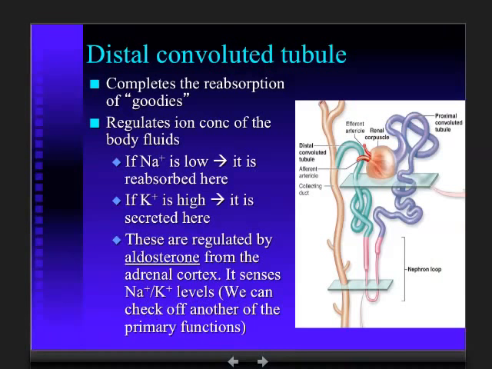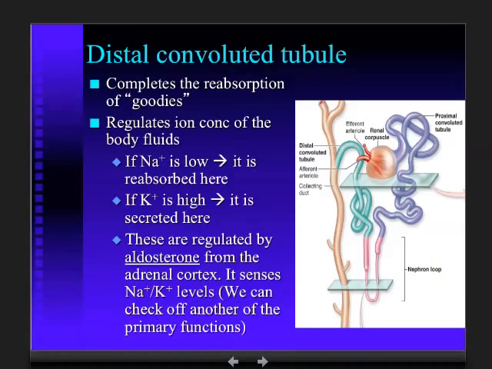If sodium levels go down in the blood plasma, they're sensed by this gland, and it produces a hormone called aldosterone. And aldosterone acts right here on the distal convoluted tubule.